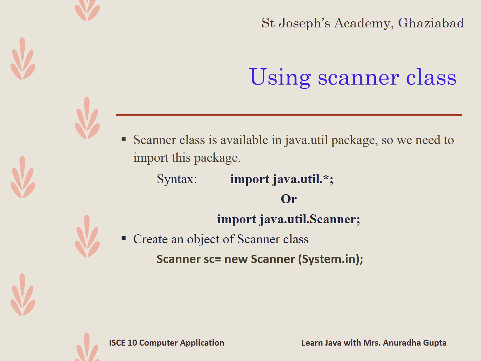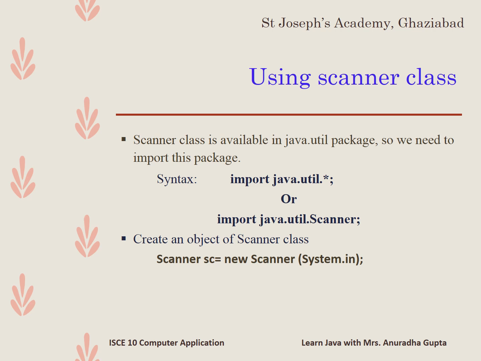Import java.util.*, which means whatever classes are present in the java.util package, we can use all of them, or we can specify a particular class, Scanner. Import java.util.Scanner. It means we can use only the Scanner class from the util package.